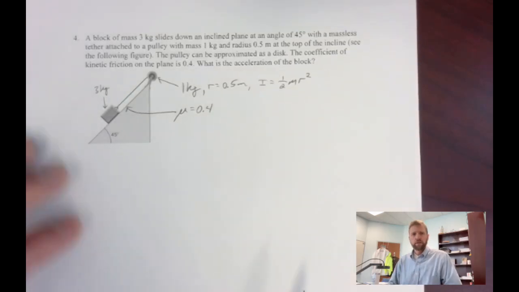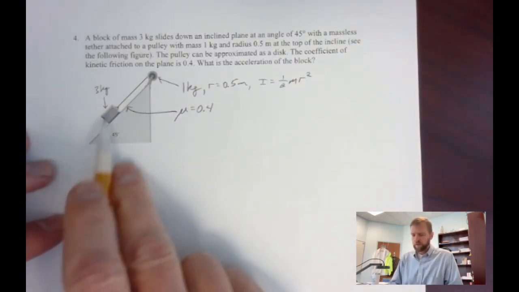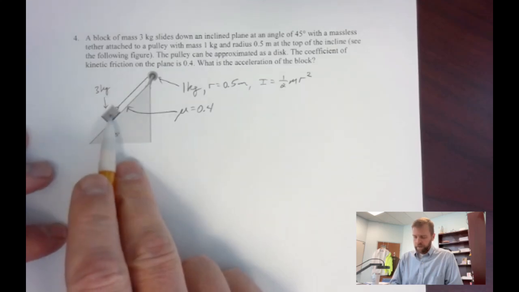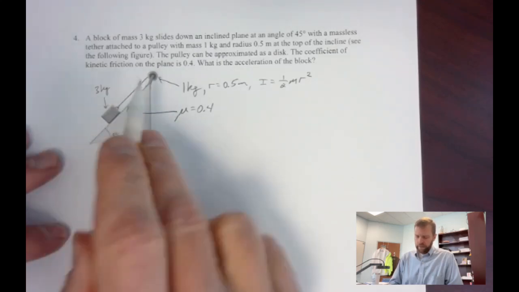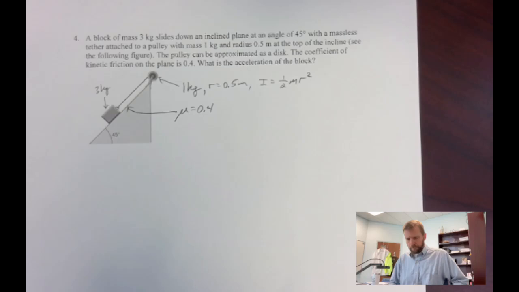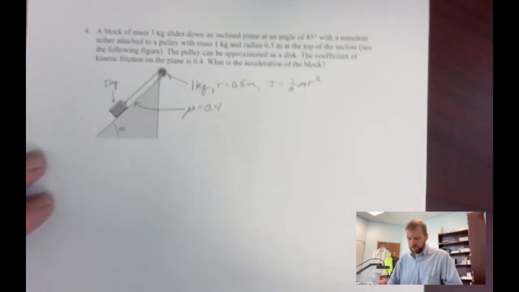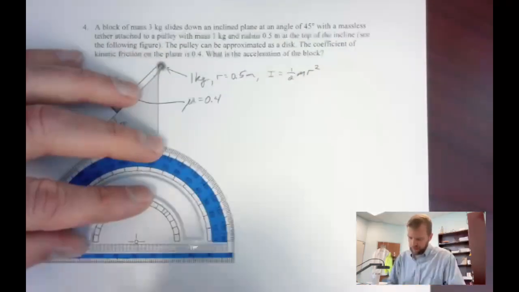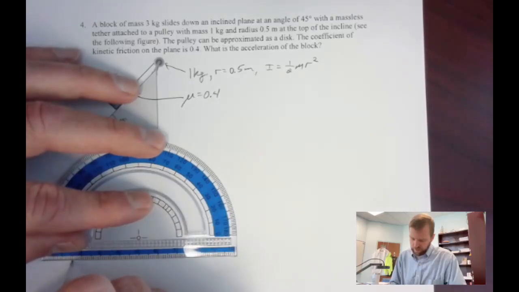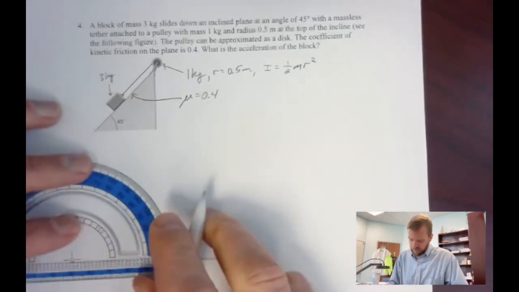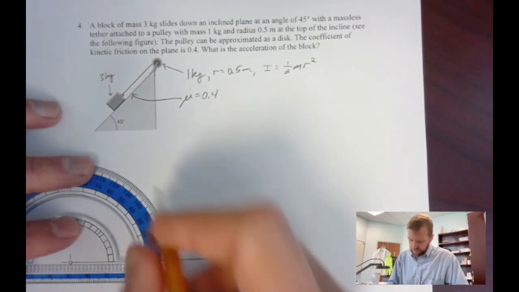Okay, so in order to help us, we're going to redraw the block and the pulley. Let's draw the block first. Here, let me get just a quick 45-degree line here.